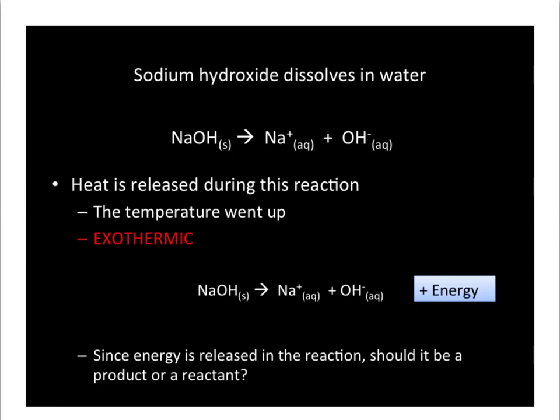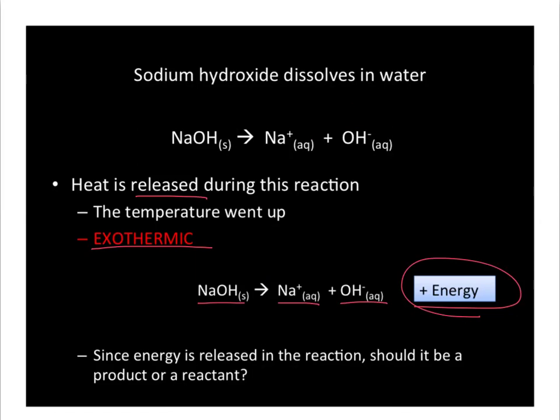Here's an example: sodium hydroxide, NaOH, dissolving in water. This is going to release energy, so it's exothermic. When you go to write out the equation for this, you have NaOH becomes Na+ and OH-, and then plus energy.